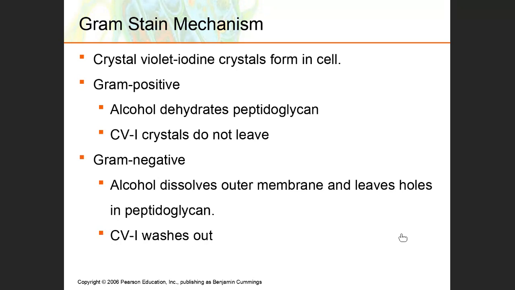That crystal violet iodine complex sticks to peptidoglycan. Gram-positive cells have a lot of peptidoglycan, and so the crystal violet sticks. The gram-negative cells have very little peptidoglycan, so the crystal violet cannot stick. It all washes away. Now, last time I mentioned one of the problems when gram staining, and one of those problems was that old gram-positive bacteria can stain pink or red, so they look gram-negative.